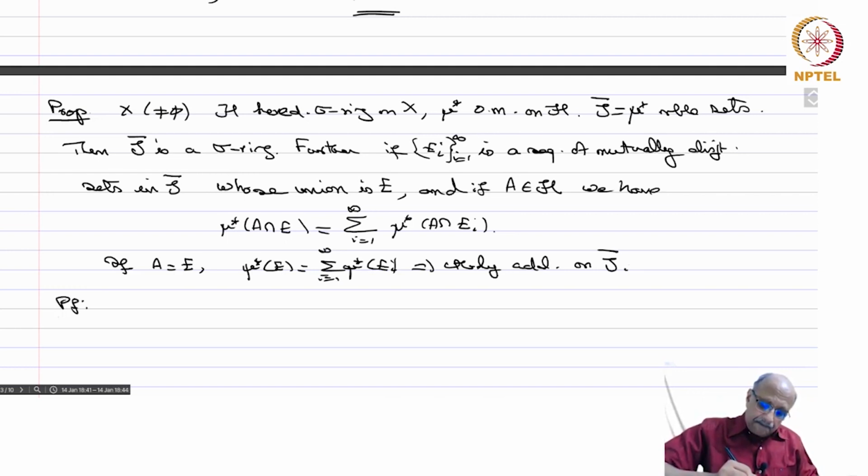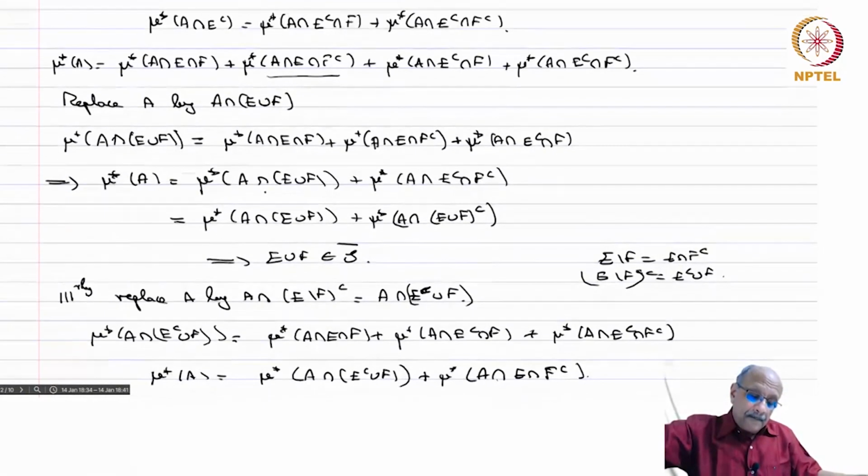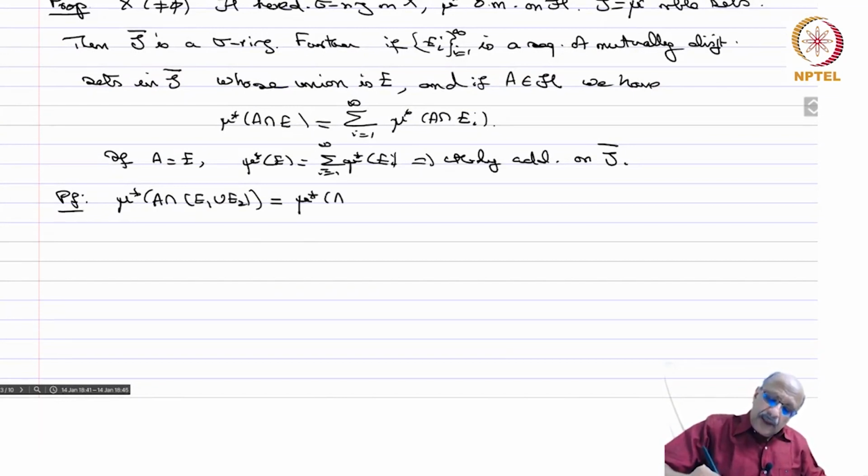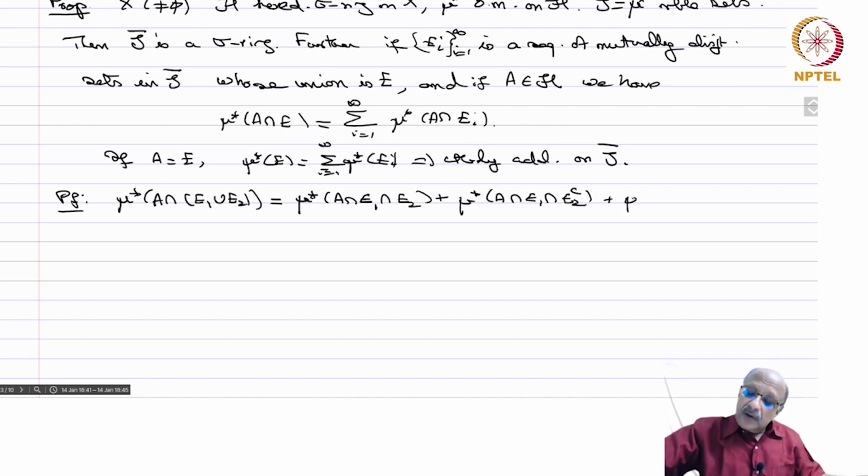So proof. We already saw something about mu star of A intersection E1 union E2. So we use this relationship here: mu star of A is mu star of A intersection E intersection F, plus A intersection E intersection F complement, plus mu star of A intersection E complement intersection F. So mu star of A intersection E1 union E2 equals the first term, plus mu star of A intersection E1 intersection E2 complement, plus mu star of A intersection E1 complement intersection E2.